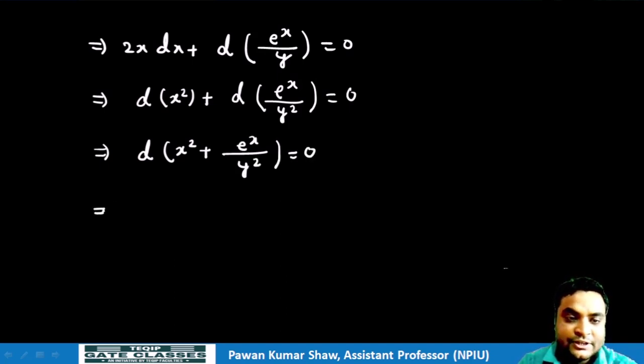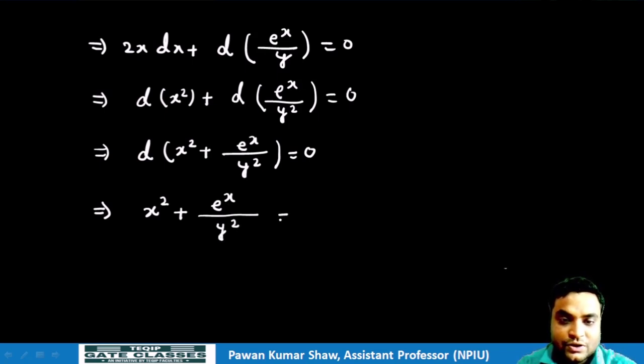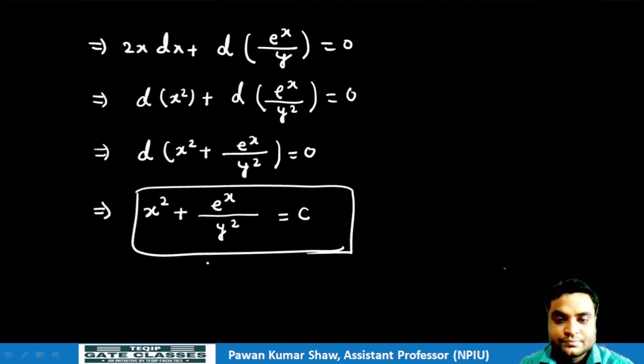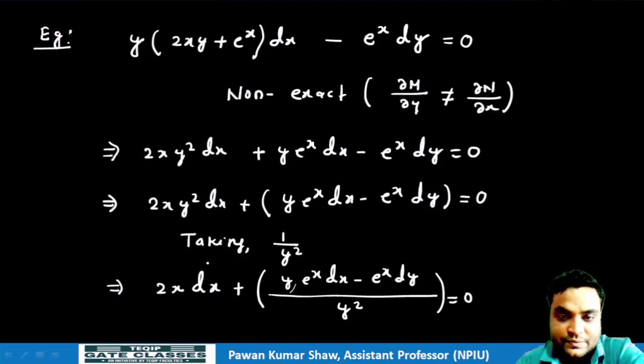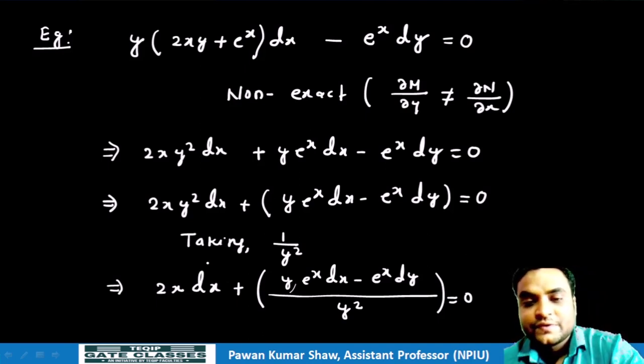And once you do the integration, after integration we can write x² plus e^x divided by y is equal to constant, and this will be our general solution. So in this way we saw that this is a method of inspection: if you are able to recognize groups, and after recognizing the differential expression, write it in differential form, then we can find our solution.